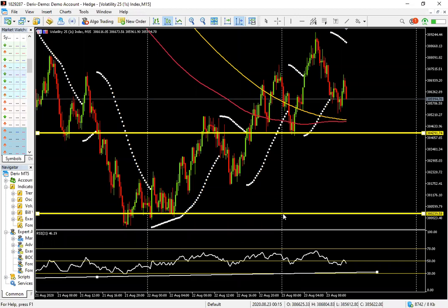So at least divide your lot size by 2. If you are using one lot every time you trade, I mean you now take that trade with 0.5, so that your loss will be much better.